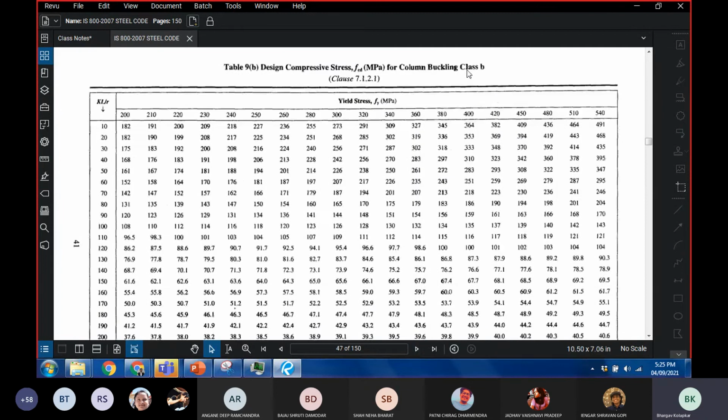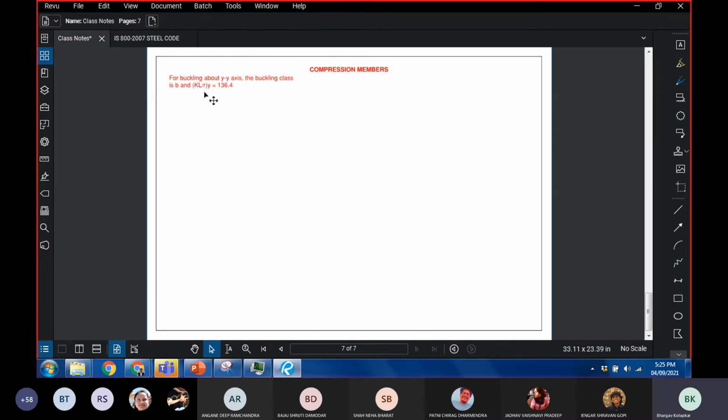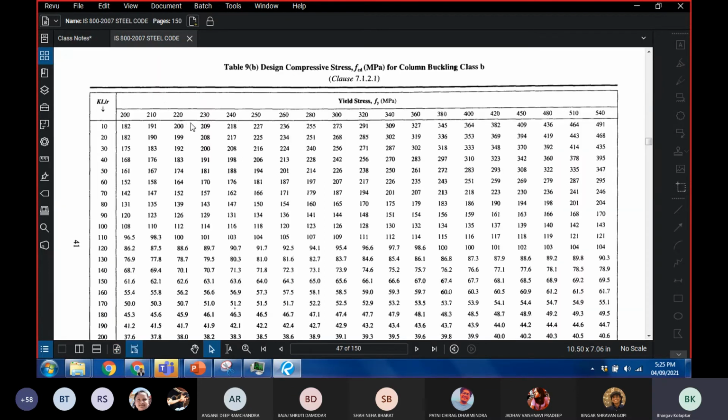For buckling class B, we refer to table 9B. Now here our Fy is 250 and our KL upon r is 136.